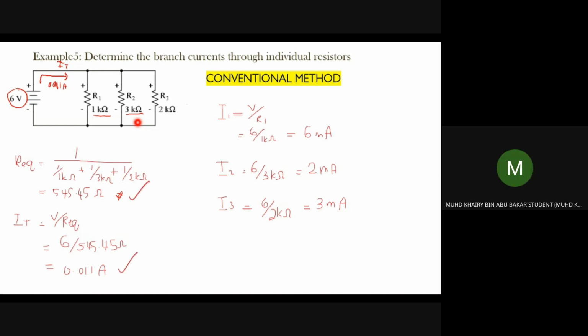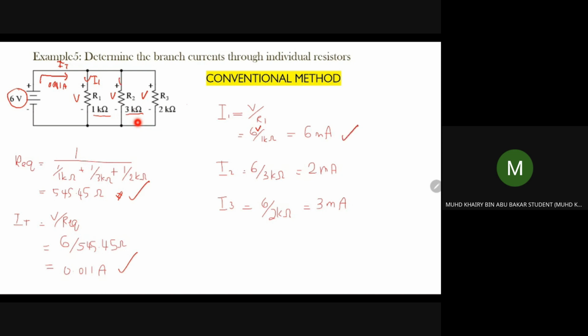If you want to get I1 using the conventional method, you know that the voltage here, here and here is the same because they are connected in parallel. So you use the same voltage, with a different calculation for the current by its own resistance for R1, R2 and R3. I1 is equal to 6 volt divided by 1 kilo ohm, so you got 6 milliampere.